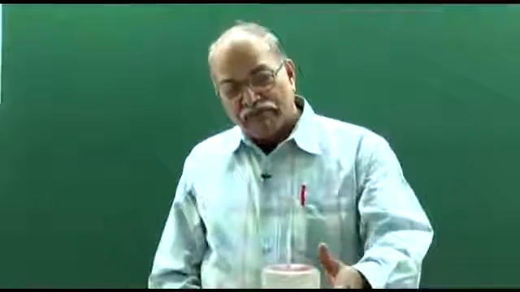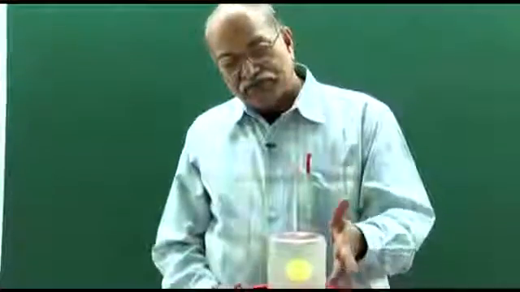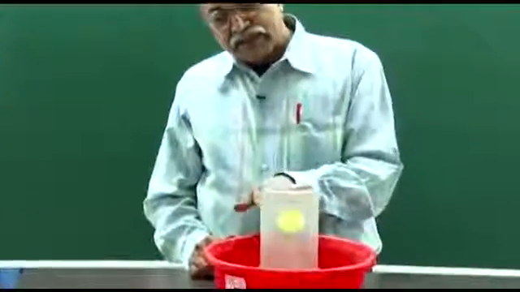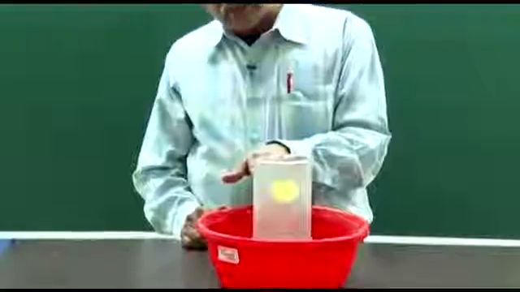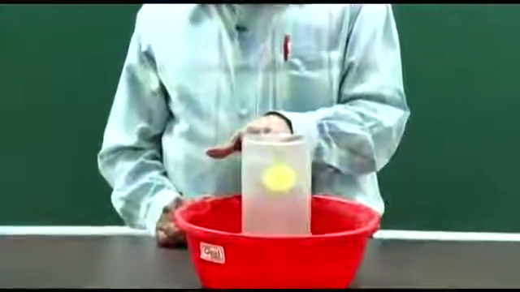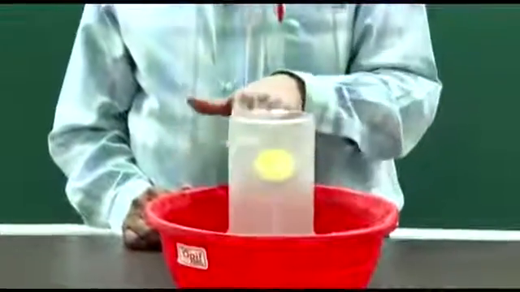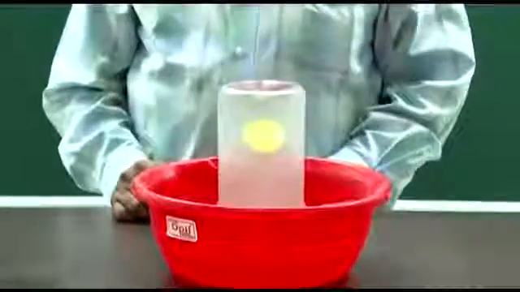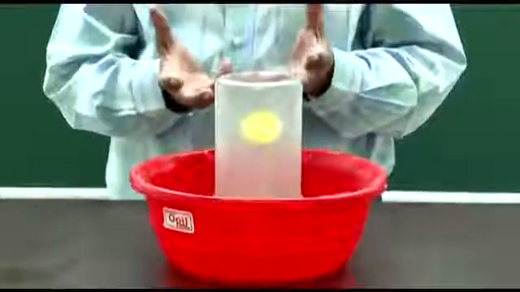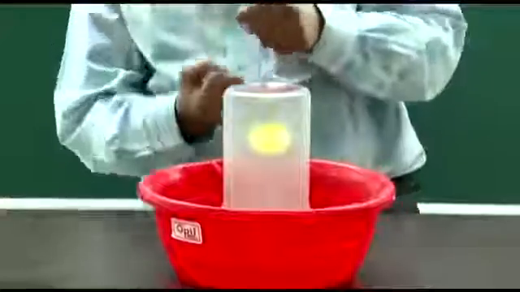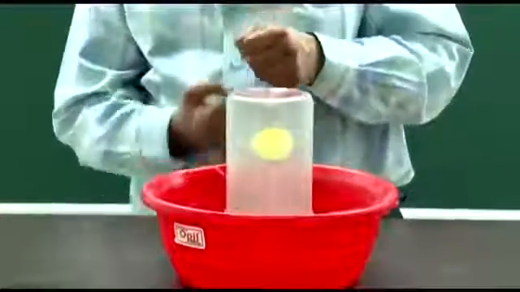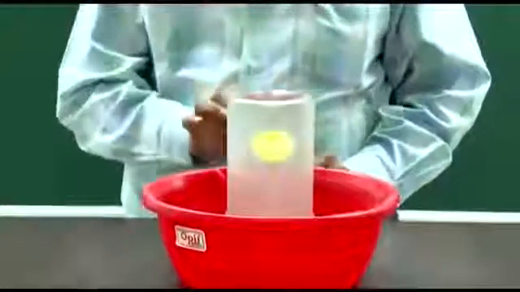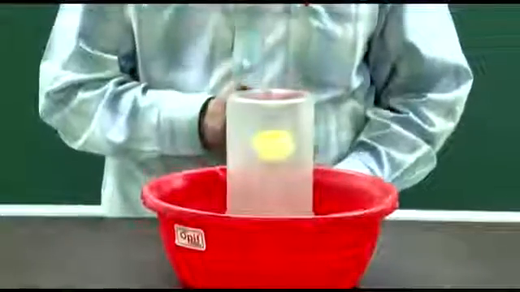Okay, so now another version of this experiment. In this you have water in this vessel, and you can see a tennis ball, and it is fastened to the bottom through a string. Since it wants to float and we have forcefully kept it there, the string is tight, there is some tension in the string.